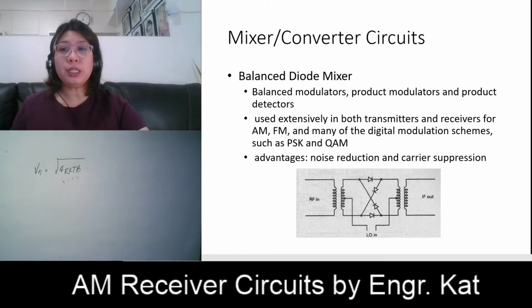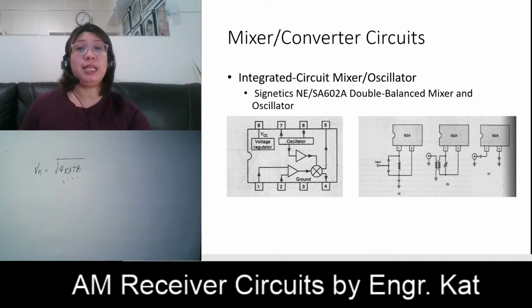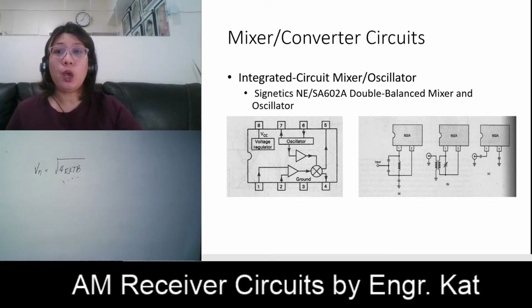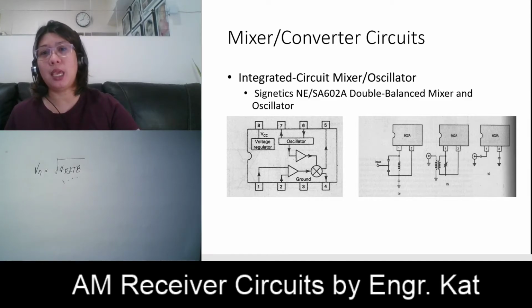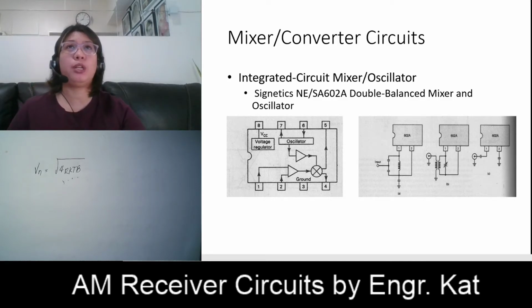Okay, so just like in our RF amplifier circuit, mixer and converter circuits can also be in the form of an integrated circuit. Okay, so we have here an example. This is Signetics NE602A. So this is a double balanced mixer and oscillator.